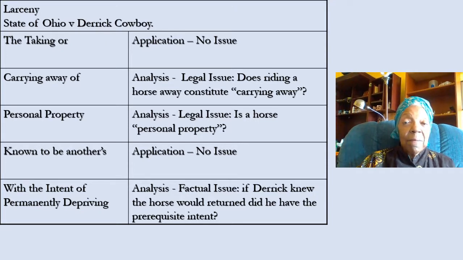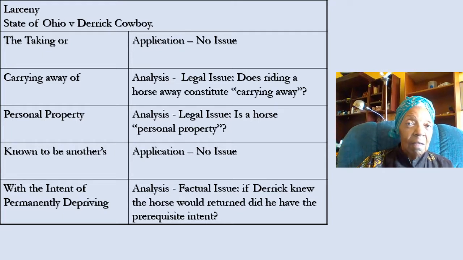So this may be a factual issue. If Derrick knew the horse would return, did he have the prerequisite intent? He certainly had to intend to deprive, but this may be more like a trespass to chattel than a conversion, bringing in the kind of torts language, because he clearly did not.